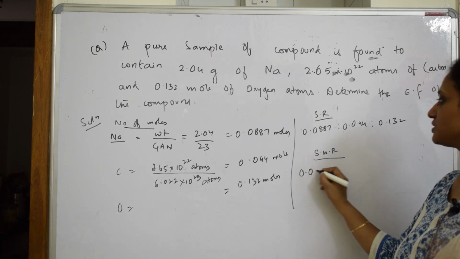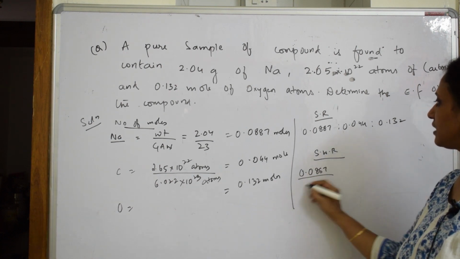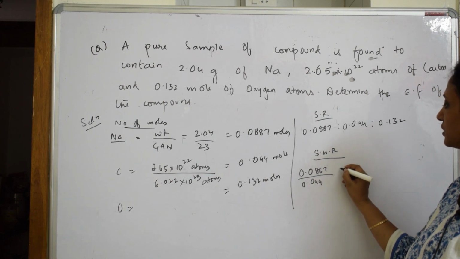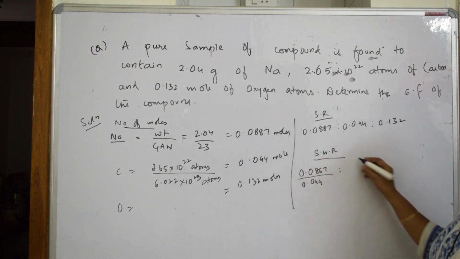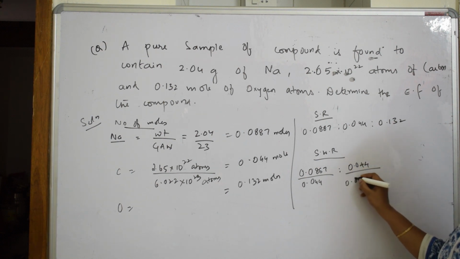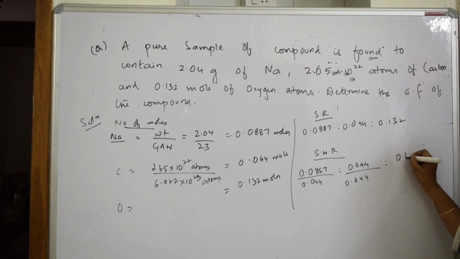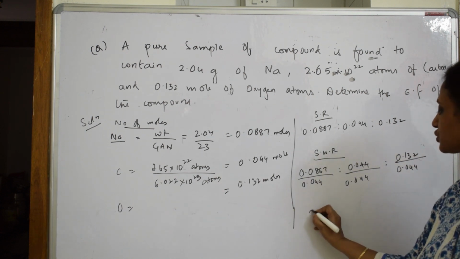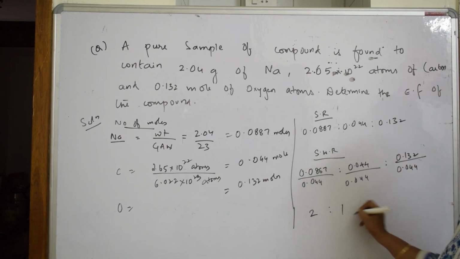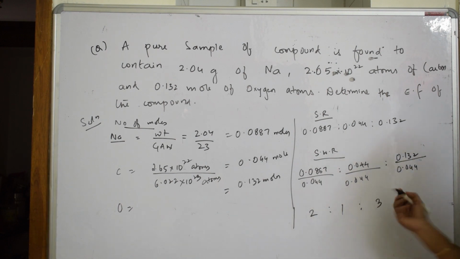So 0.0887 divided by 0.044 is to 0.044 divided by 0.044, because it's the minimum value, is to 0.132 divided by 0.044. When I cancel this, I get 2, here 1, and here when I cancel, I get 3.